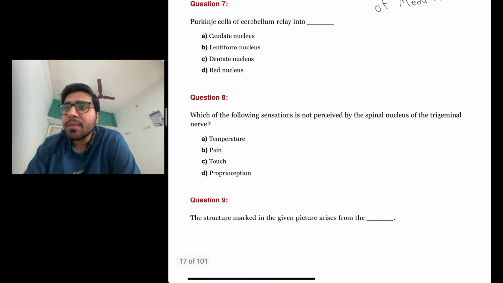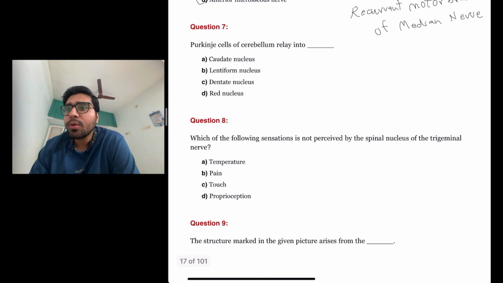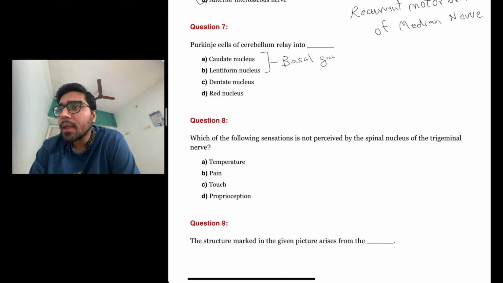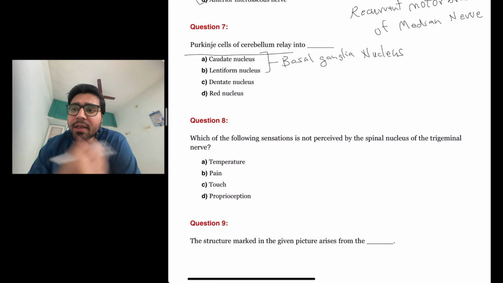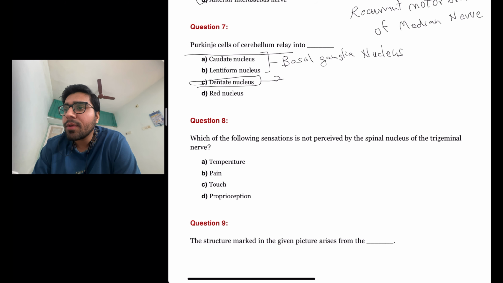Purkinje cells of cerebellum relay into. Caudate and lentiform nucleus, these both given options are basal ganglia nuclei. Actually, Purkinje cells of the cerebellum relay into the deep nuclei of the cerebellum. So among the options given below, the answer mostly is the dentate nucleus, because the dentate nucleus is located in the deep cerebellum.